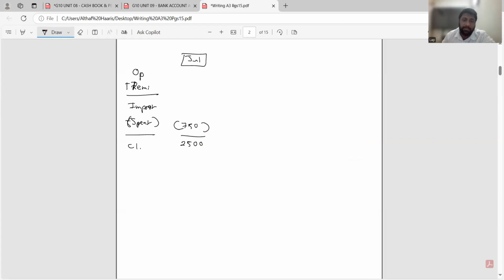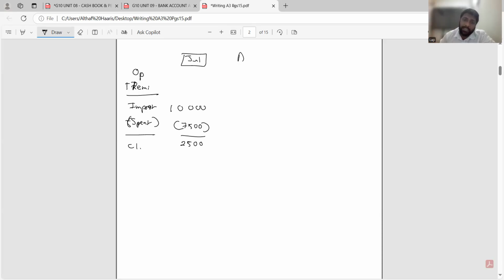Then you do a reverse calculation and tell me how much would have been the imprest level? For you to have a balance of 2,500 after spending 7,500, you had an imprest of 10,000.